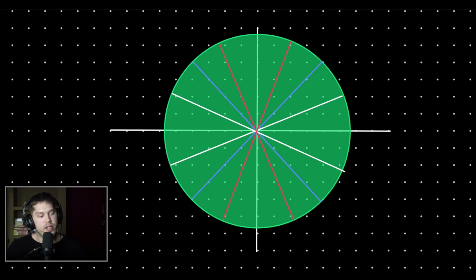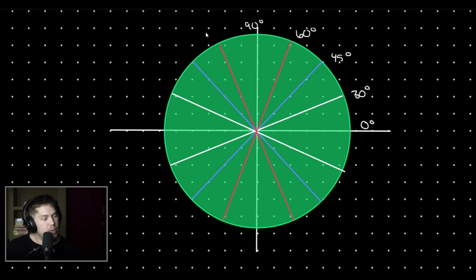So labeling in degrees is easy, and we've already done a lot of work, so this is going to be super fast. So right here is at 0 degrees. This is 30 degrees. Here is 45. Here is 60. Up top is 90.